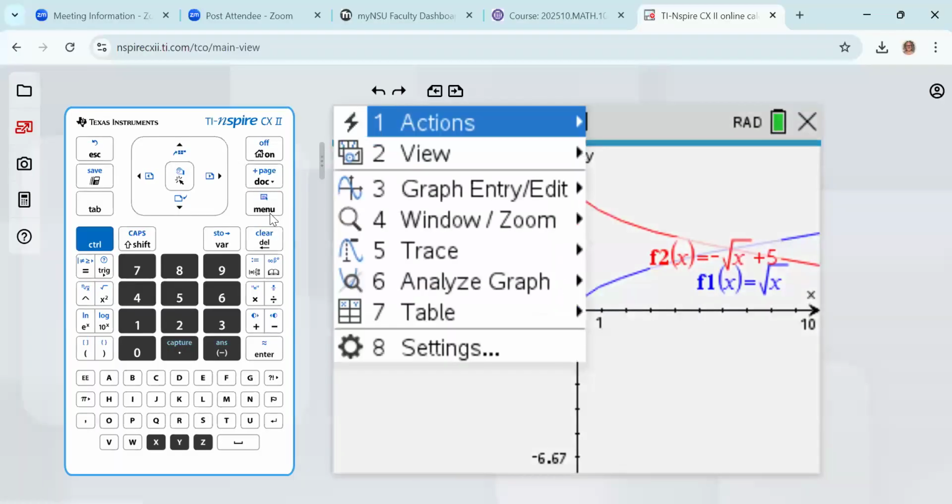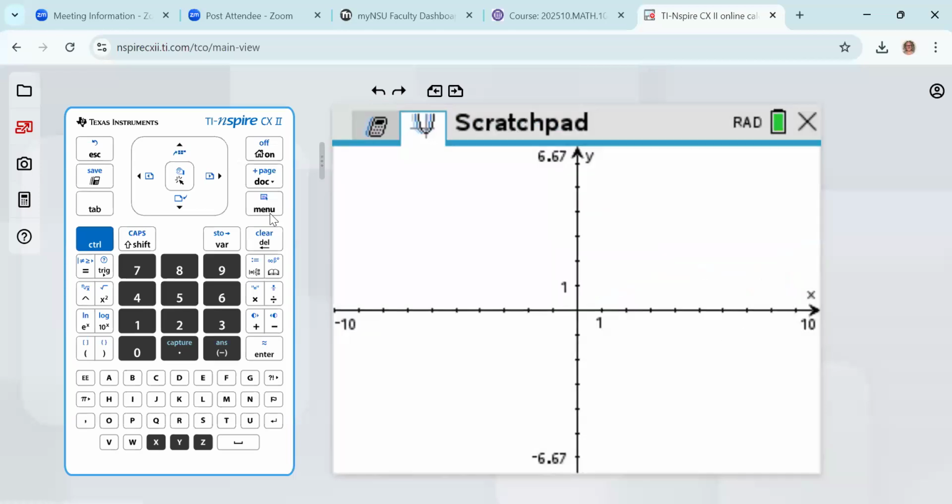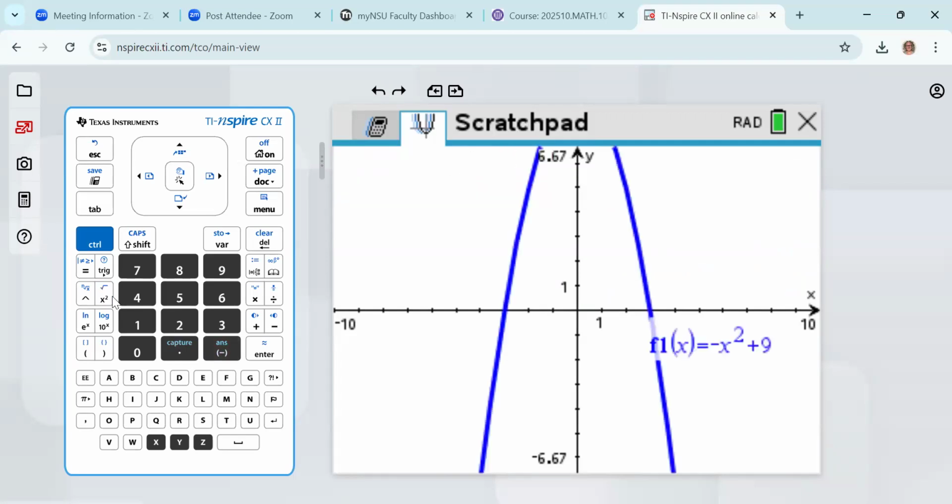Okay, so menu, we're starting over, so let's delete all. And I'm just going to put in what I have. I think we said plus 9. All right, but our window doesn't look like theirs.